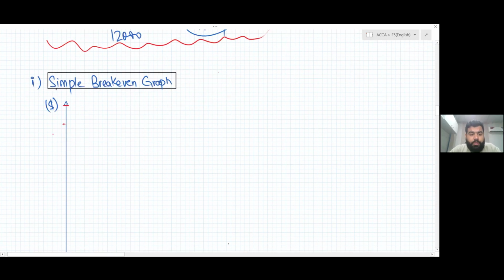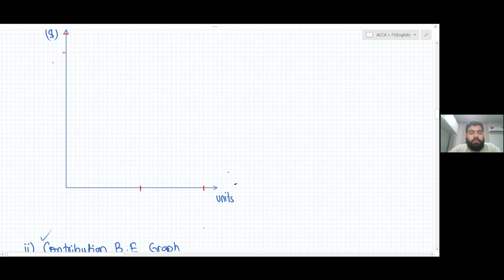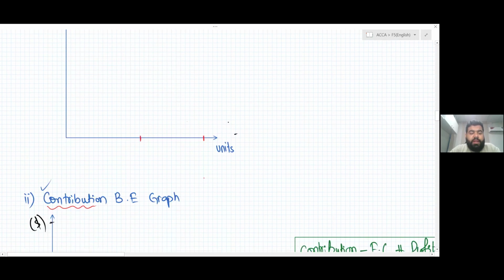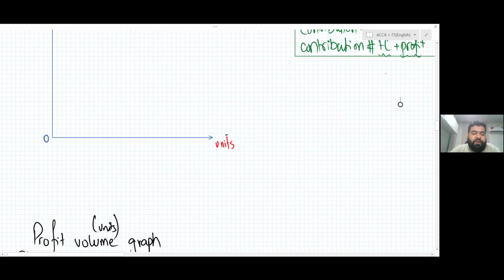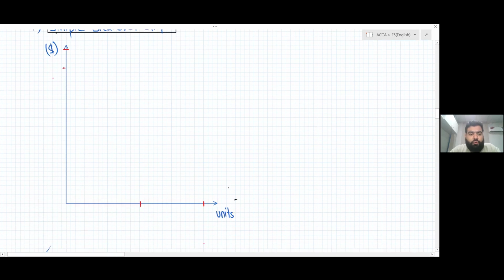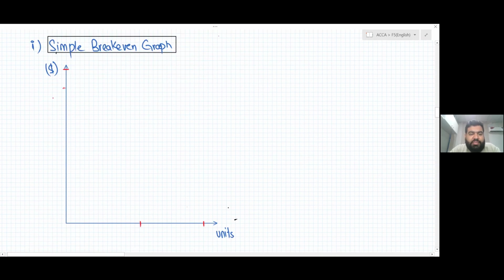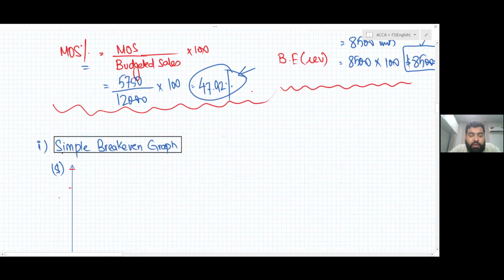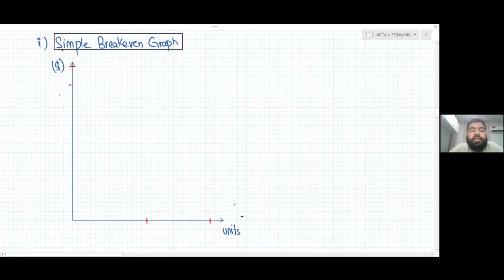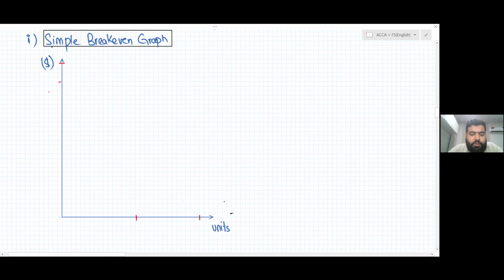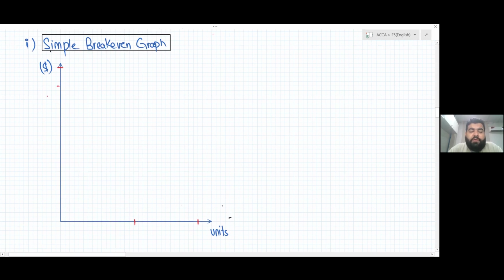Now, we are having some graphs, like the simple break-even graph, the contribution break-even graph, and so on. Three types of graph we have to do. First of all, we have the simple break-even graph, in which we'll find the point of break even. But one thing: you will not have to prepare this graph in the exam.